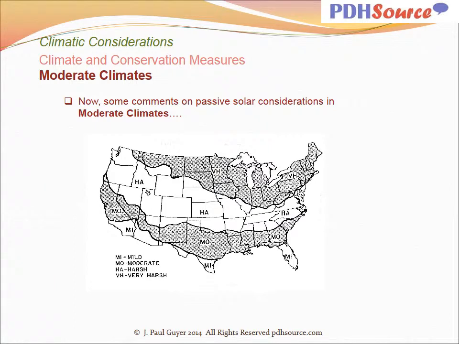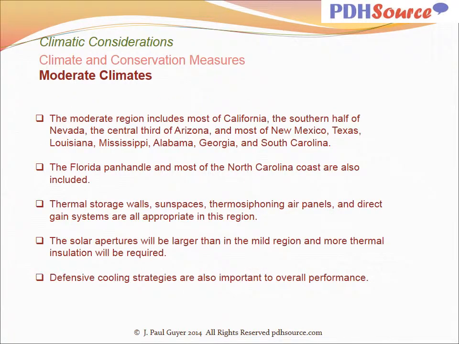Now some comments on passive solar considerations in moderate climates. The moderate region includes most of California, the southern half of Nevada, the central third of Arizona, and most of New Mexico, Texas, Louisiana, Mississippi, Alabama, Georgia, and South Carolina. The Florida Panhandle and most of the North Carolina coast are also included.